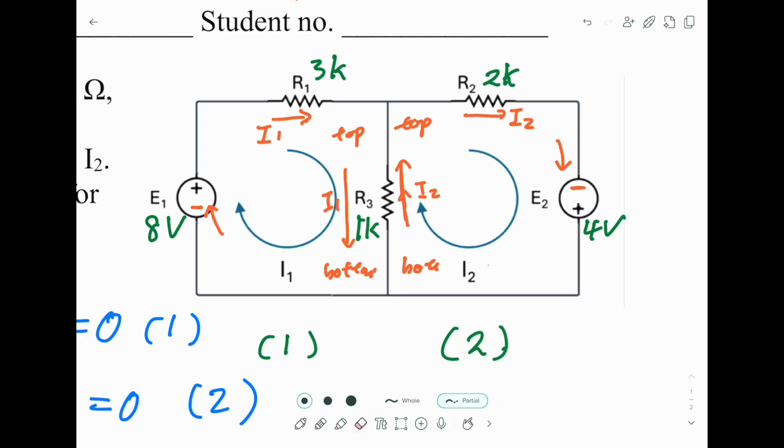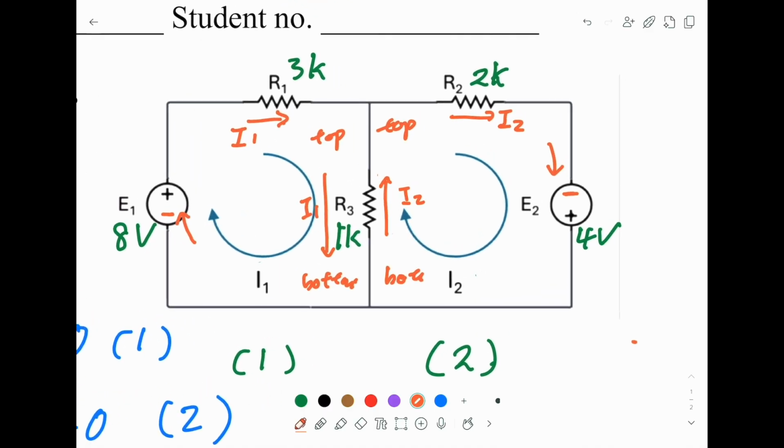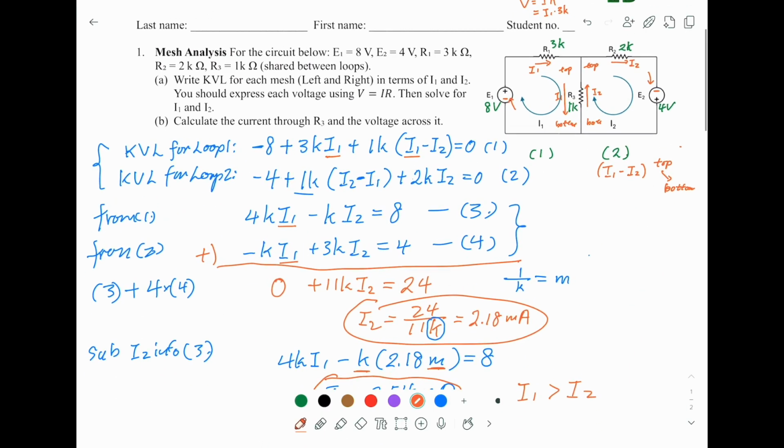So we can say here this time we are pretty sure I2 is less than I1. So the current passing through R3 will be I1 minus I2, and the most important thing is it will be from top to bottom, because this is the direction of I1.